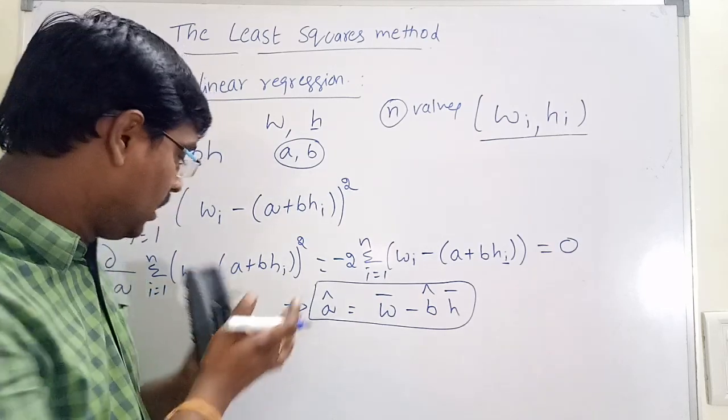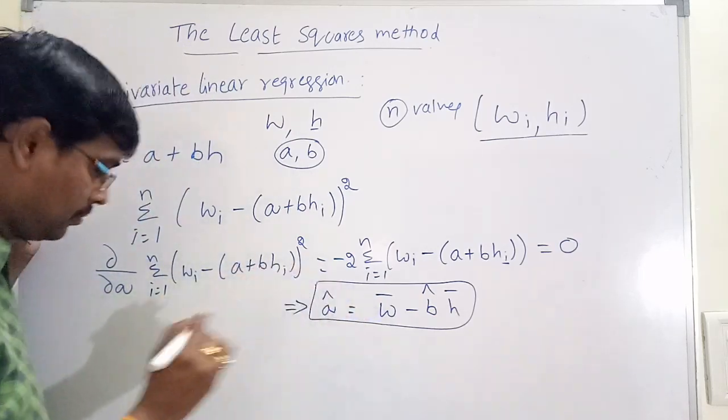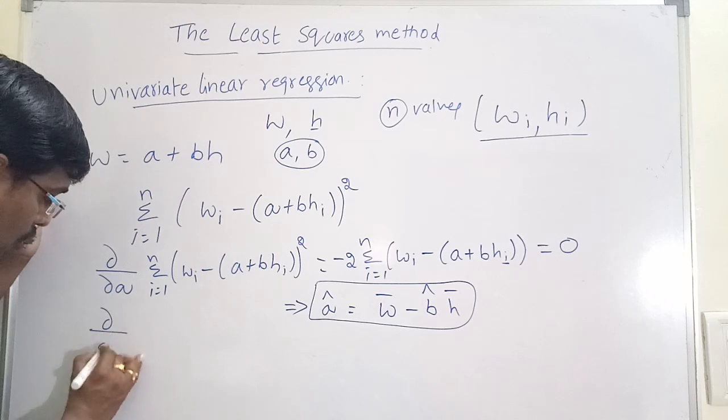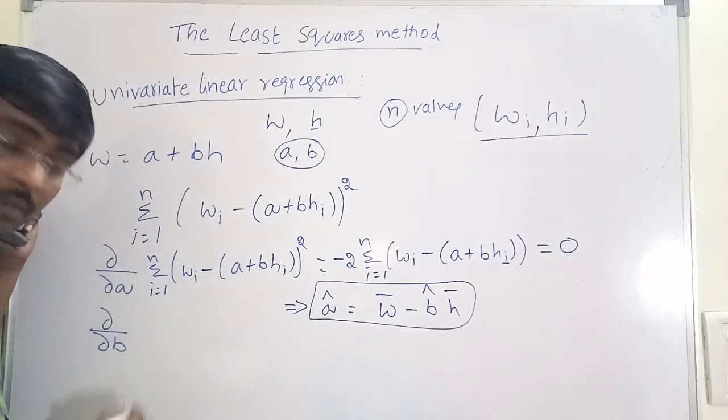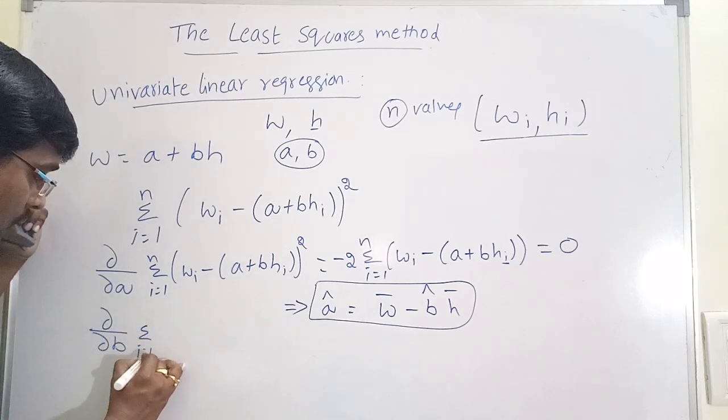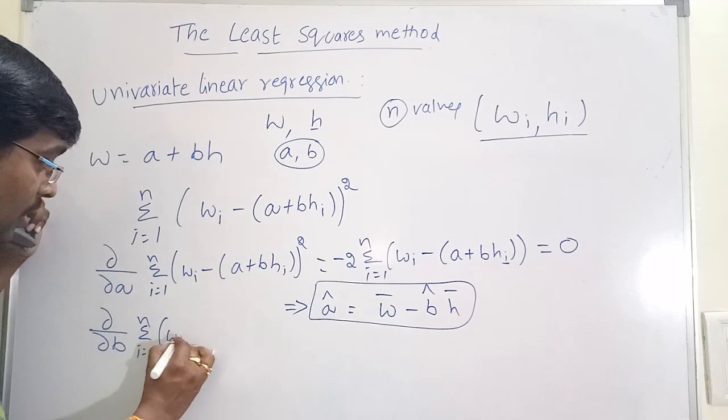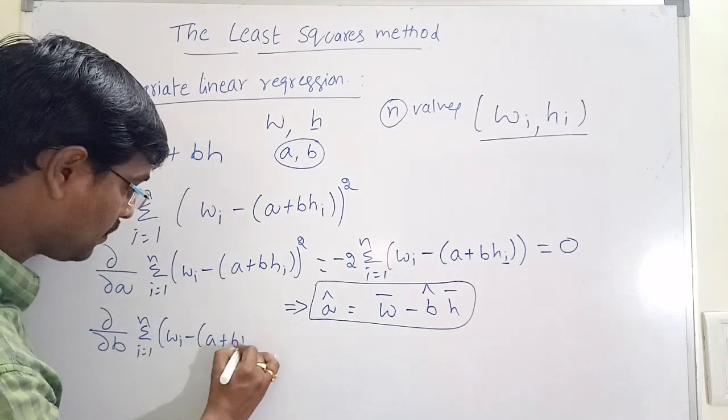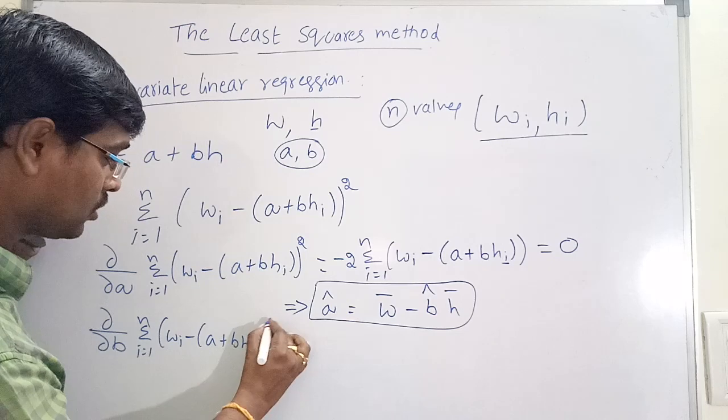Now calculating dou by dou B of sigma i equals 1 to n, Wi minus A plus B Hi, whole square.